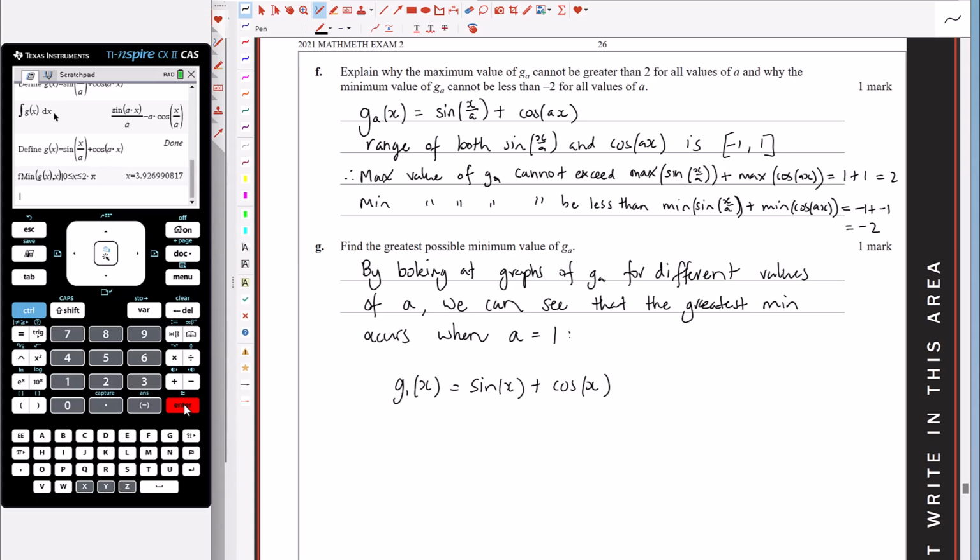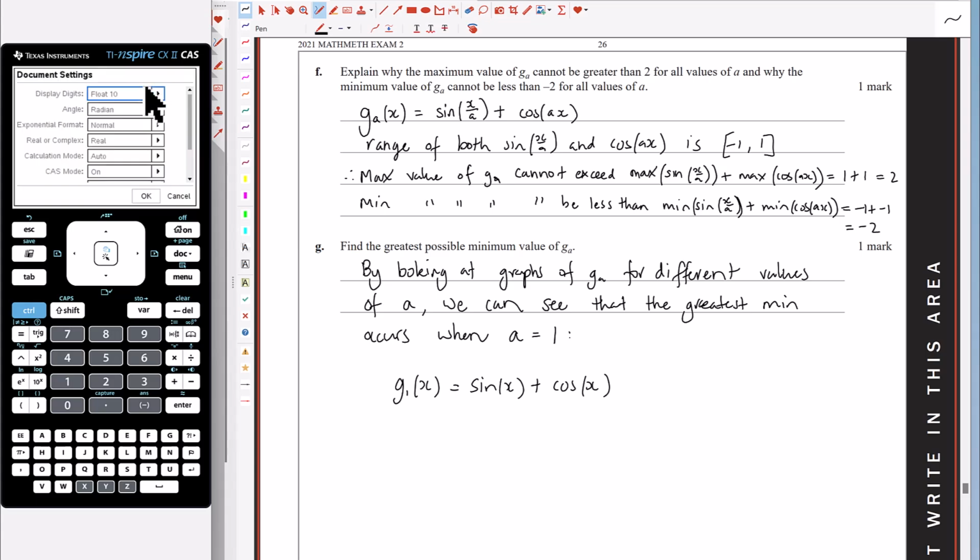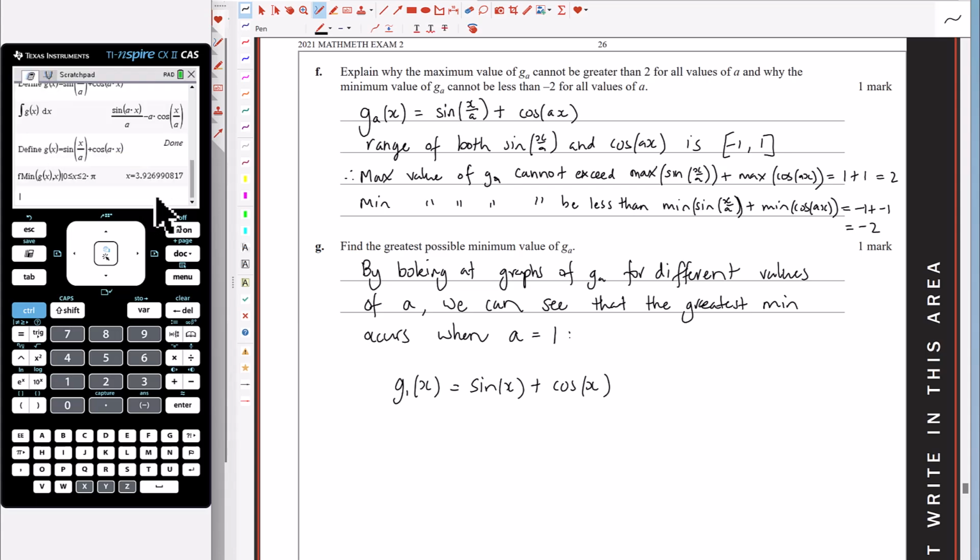Okay, so that's when x is 3.92. I'm intrigued that that hasn't given me an exact value. Have I got my CAS set to approximate mode? Force it into exact. I actually like auto, but I've never seen function min do decimals like that.